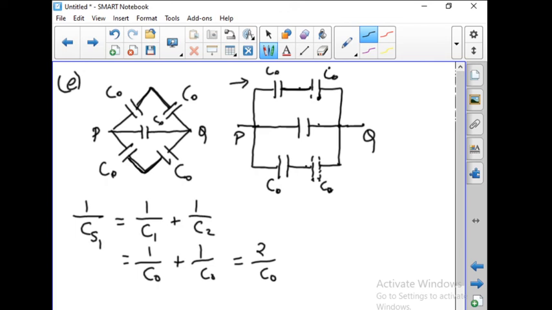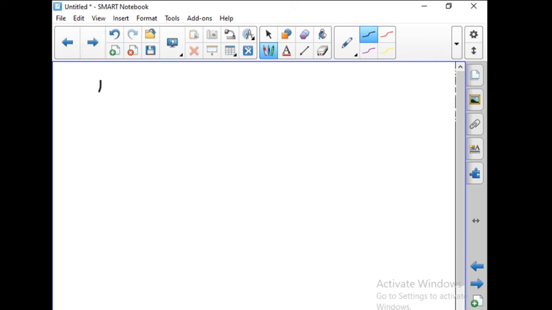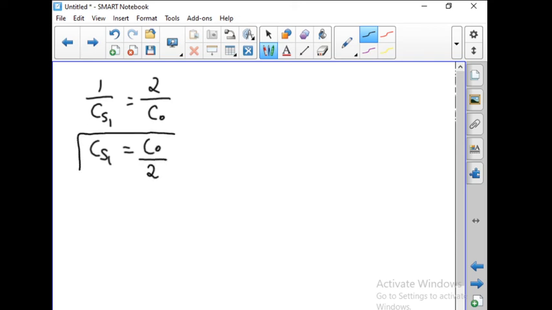So what is the value of CS1? 1 by CS1 is equal to 2 by C0. Therefore, CS1 is equal to C0 by 2. So, the upper two capacitors are replaced by a single capacitor CS1 whose value is C0 by 2.